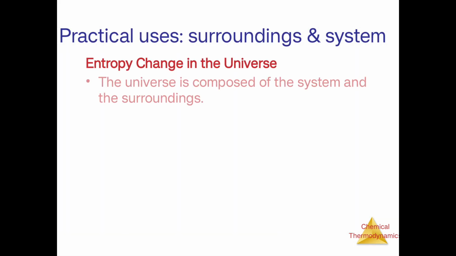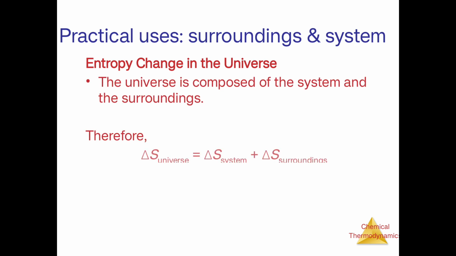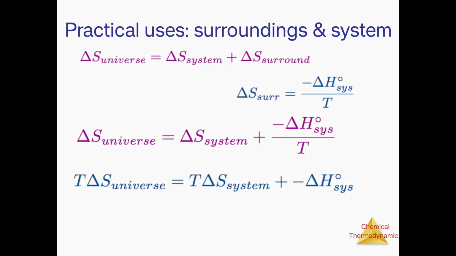Then already I mentioned the entropy change in the universe. The universe is composed of system and surroundings. So if you consider the universe, it is the sum of the change in entropy of the system and surroundings. And for a spontaneous process, it is greater than zero. Already highlighted all these points in the previous parts.